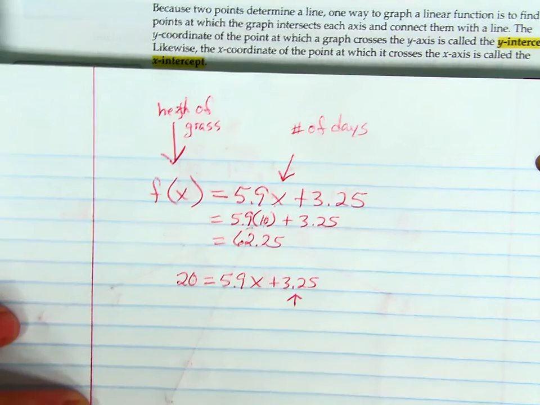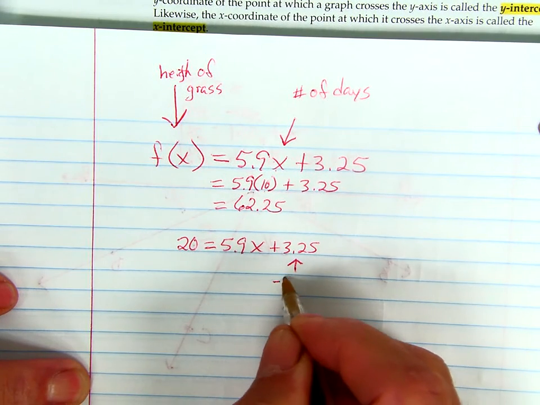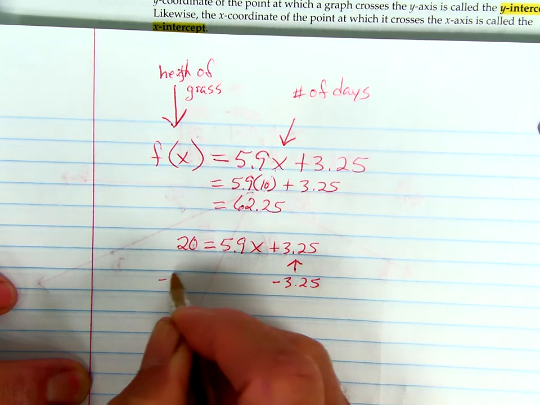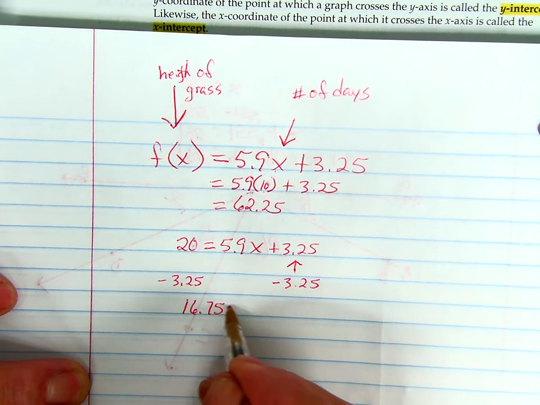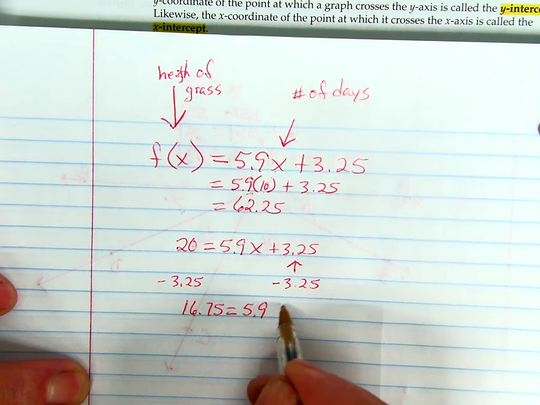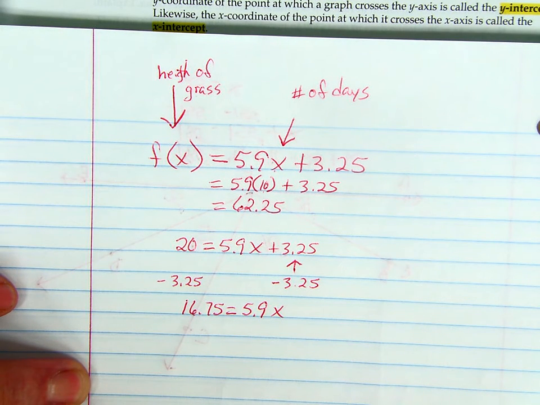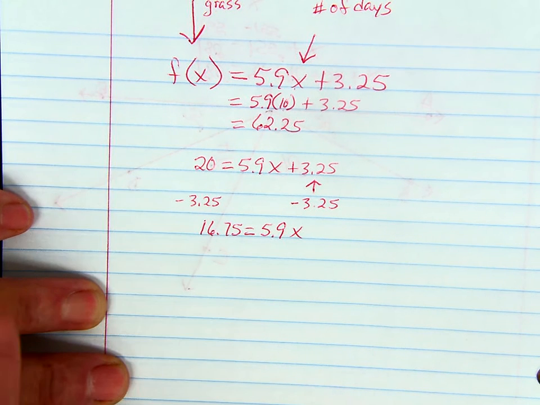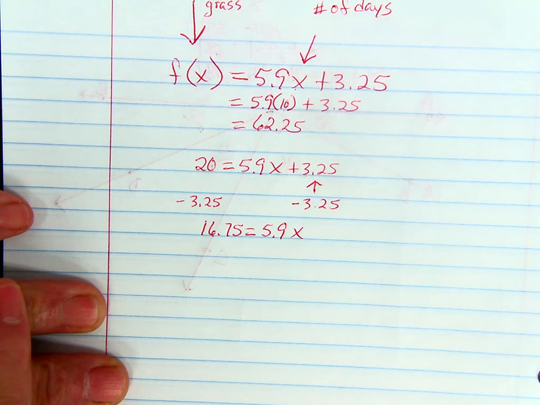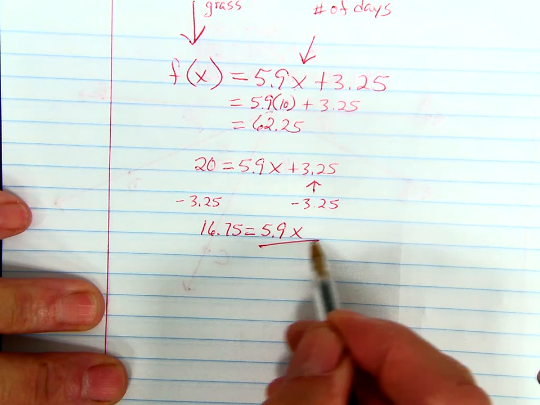This is plus 3.25, so minus 3.25, minus 3.25. 16.75 equals 5.9x. Now divide both sides by the number in front of x.